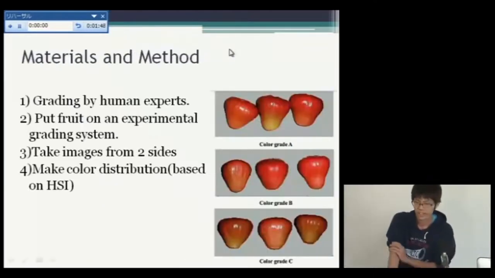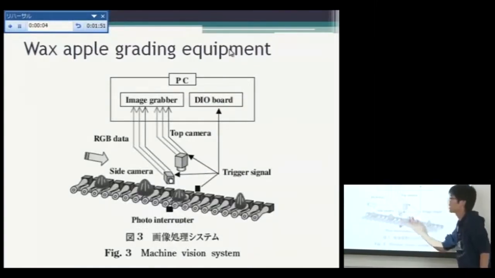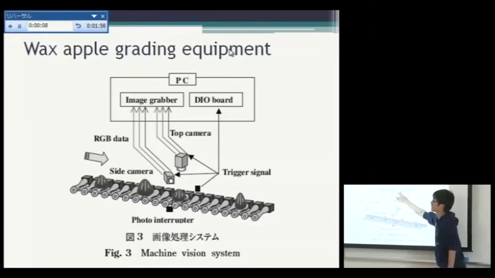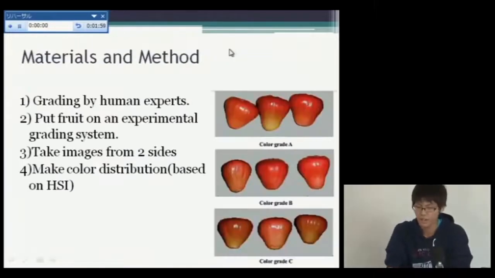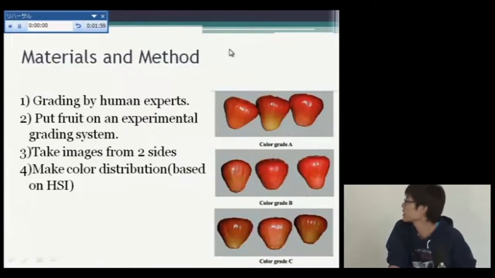And third, take images from two sides, top side and side camera, and the taken pictures are sent to here, and make color distribution based on HSI.